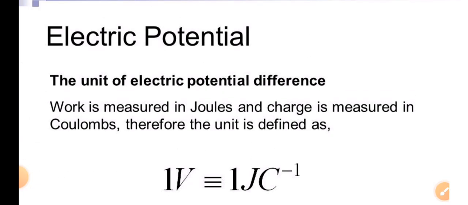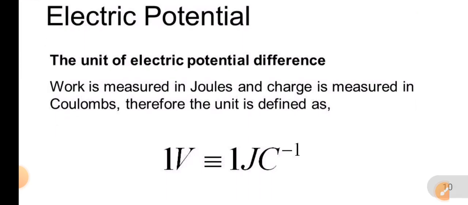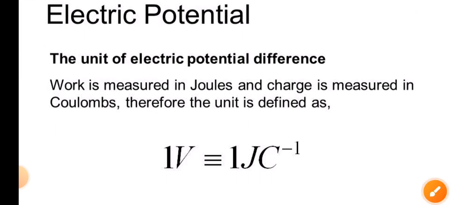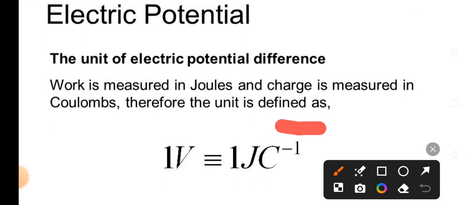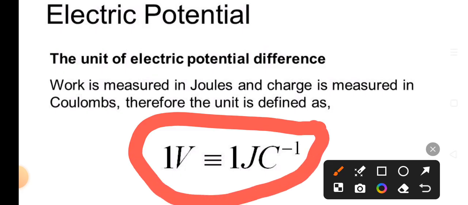Electric potential, the unit of electric potential difference. This can come in the exam as a 1 mark question. The unit of electric potential difference: work is measured in joules and charge is measured in coulombs. Therefore the unit is defined as 1 V is equal to 1 joule into coulomb inverse.